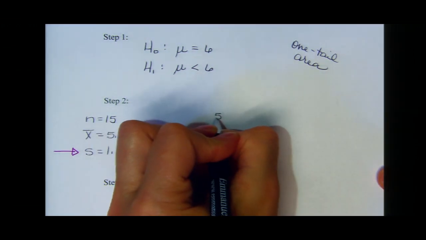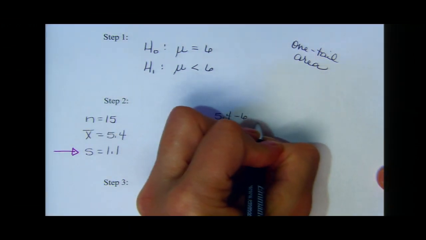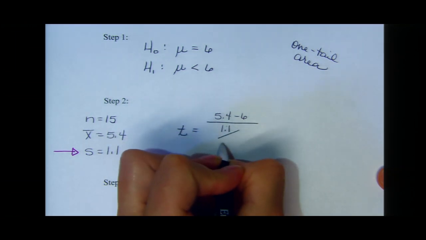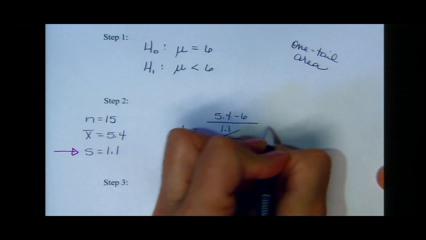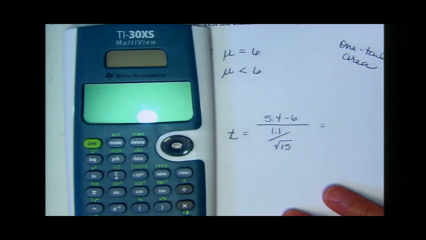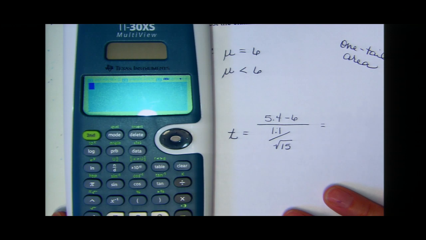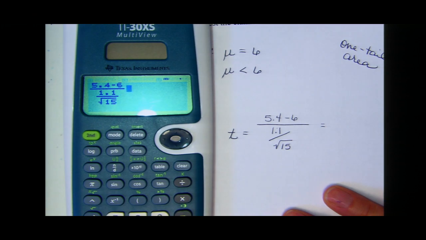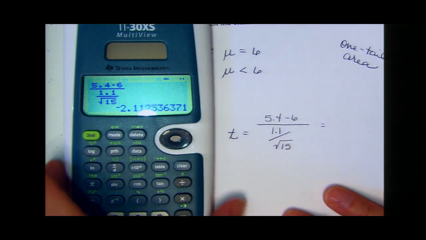So it is 5.4 minus 6 divided by 1.1 divided by the square root of 15. See if I can enter it correctly this time. Fraction 5.4 minus 6, fraction 1.1, the square root of 15, negative 2.11.